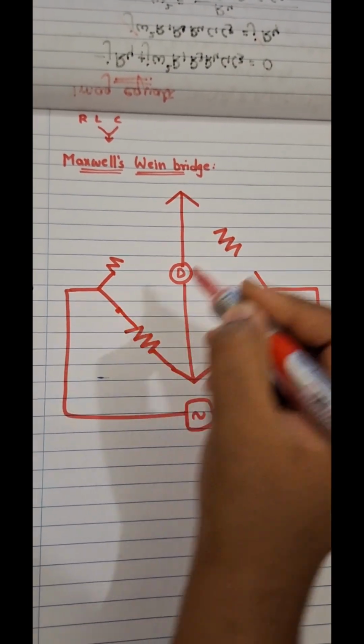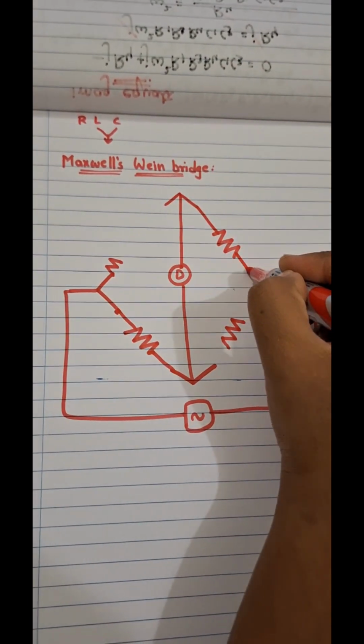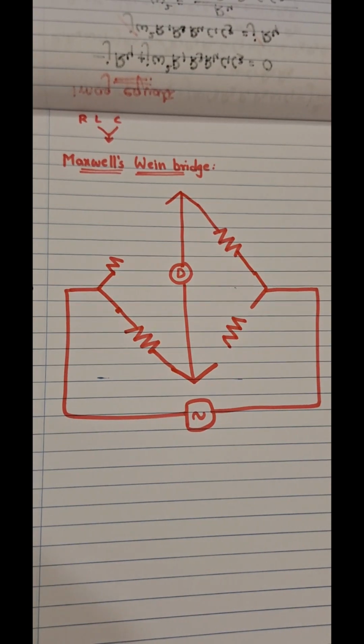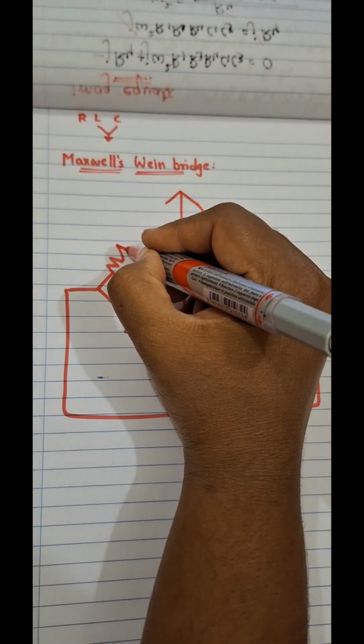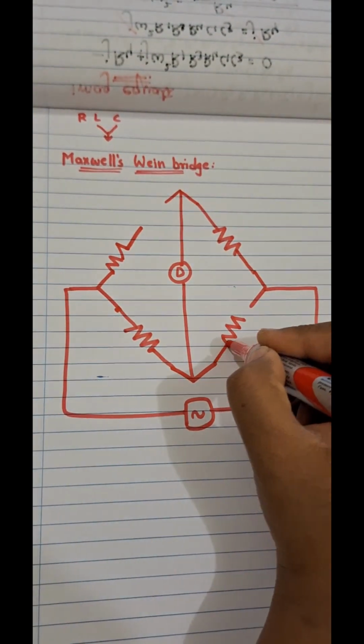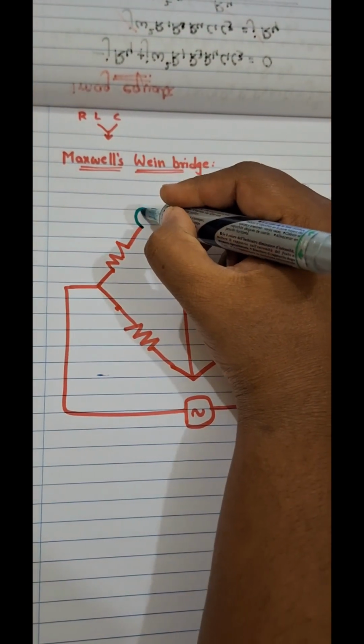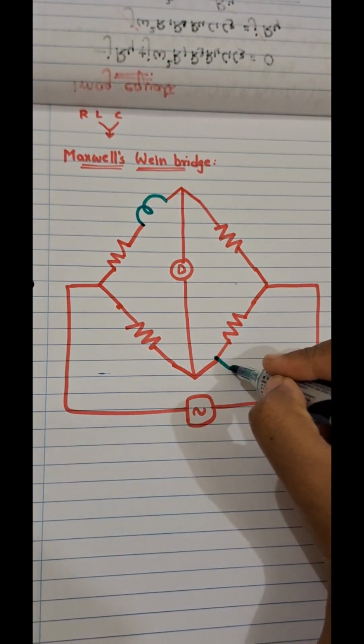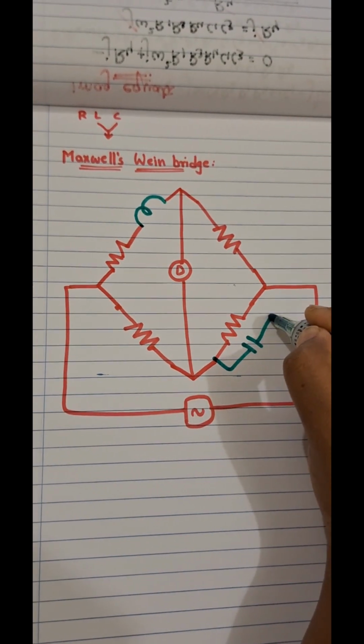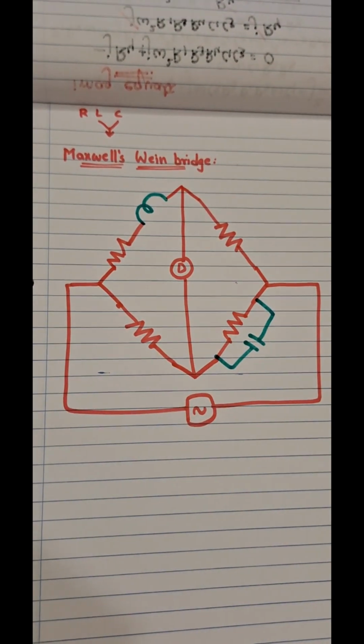So these opposite legs will have only resistance. This opposite will have series inductance and parallel capacitance. That is the only difference.